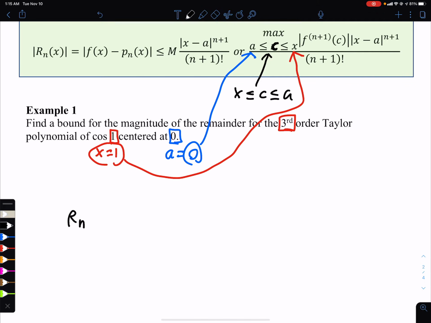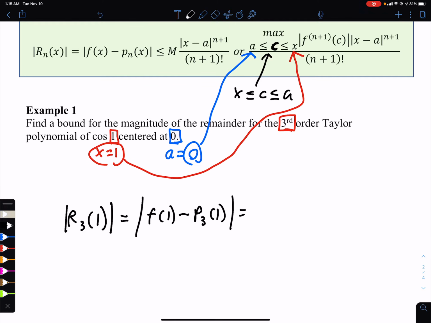The error, I'll write this a few ways, and that's not a right way. We're doing it at 1, and we have a third order, so I need to fix this up. This is a 3, which is the actual function at 1 minus our Taylor polynomial at 1.